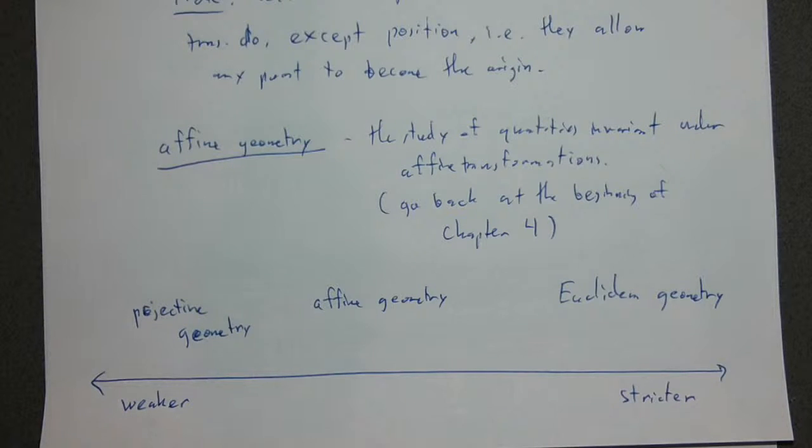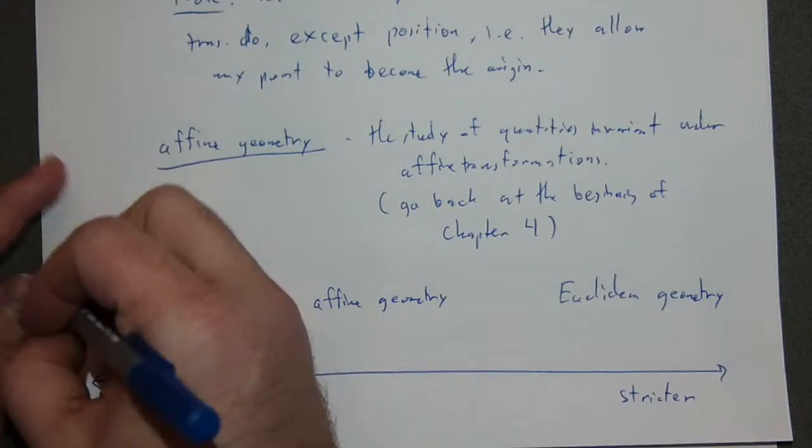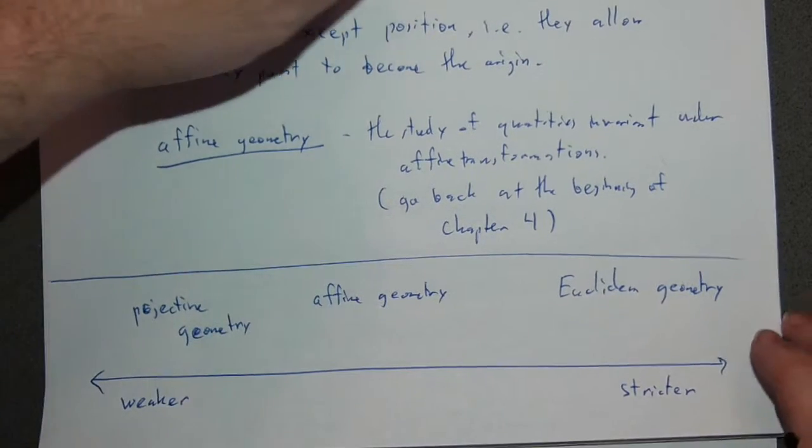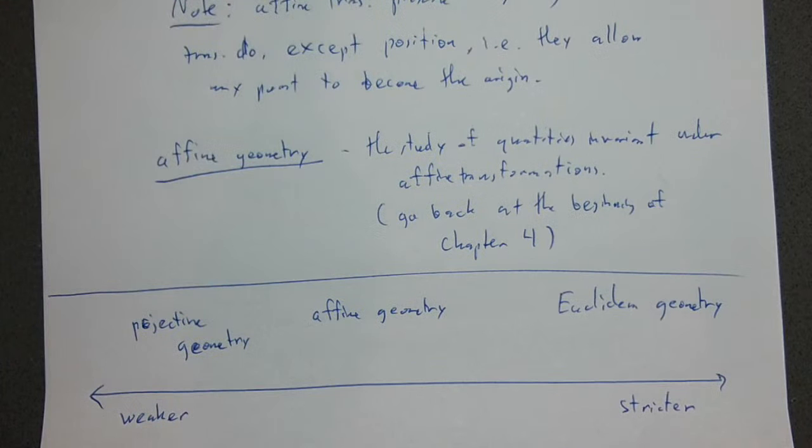I'll return to this at the end of this chapter, but this is a nice thing to think of conceptually when you're thinking about the relationship between these geometries. Projective geometry is the weakest. It has the least notions. I mean, collinearity is all you have here. So anyway, this is a nice way of thinking about this.